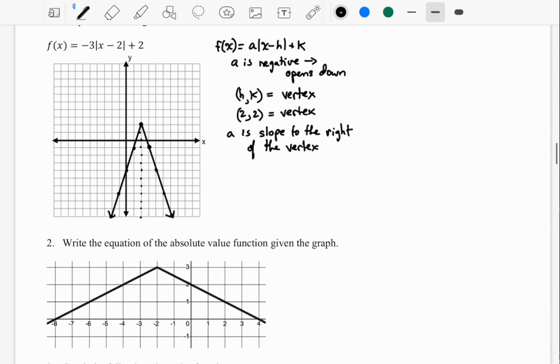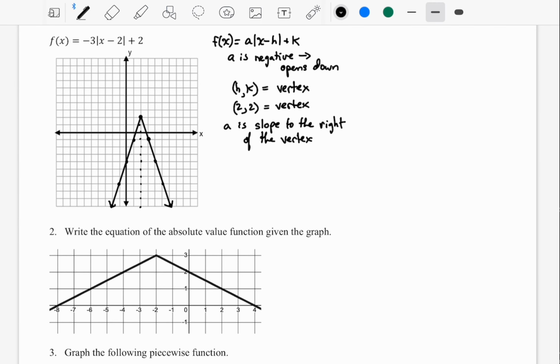All right. So the second one, write the equation of the absolute value function given the graph. So here we're stating the A, H, and K values. So the H and K, the vertex, negative 2, 3. Then I just need the slope going off to the right.